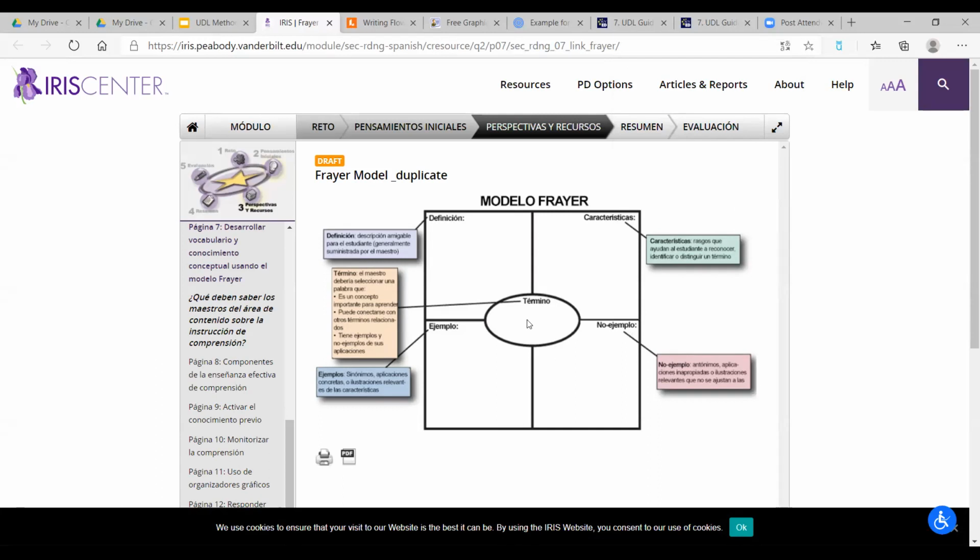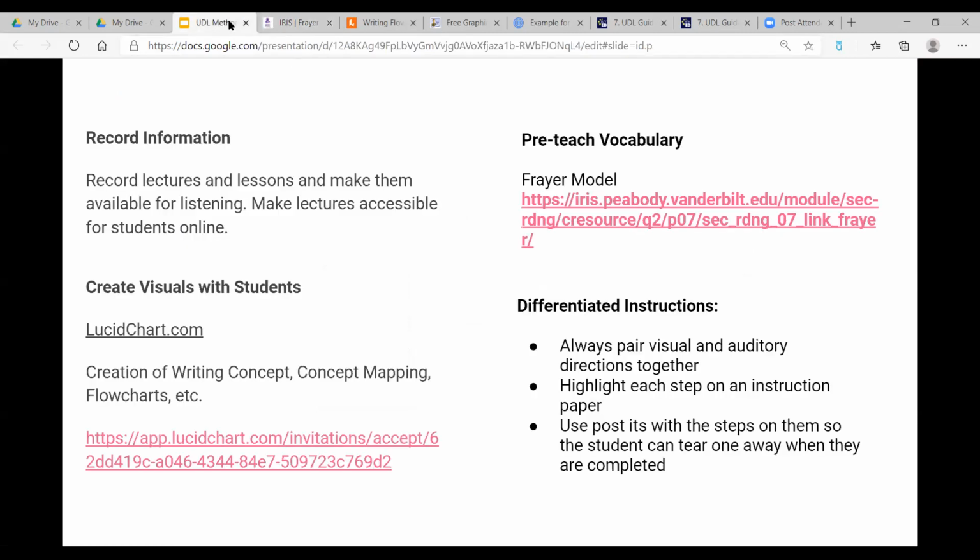It's the vocabulary word or the term. You give the definition, you give the characteristics, you write an example, and then you have a non-example. And so following this type, even for work vocabulary, or if a student is going out and going to maybe take a band trip, you might give them the vocabulary that they're going to experience throughout that trip.